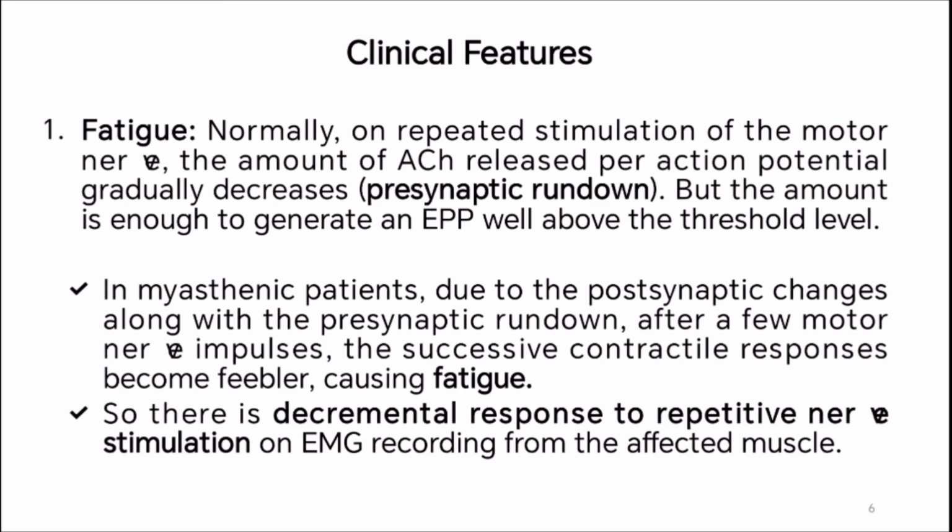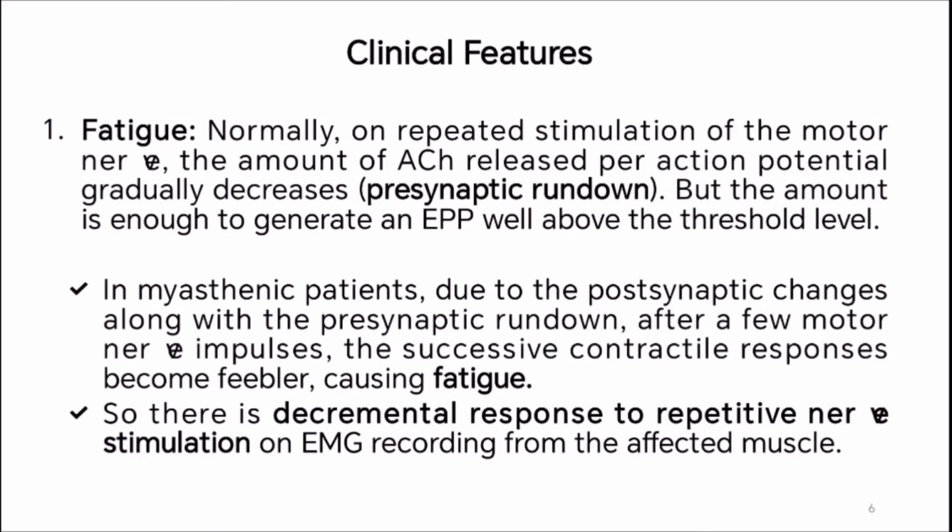Coming to the clinical features, an important part. As I told you in the first slide, it is characterized by weakness and fatigability. So fatigue is an important clinical feature. Normally, on repeated stimulation of the motor nerve, the amount of acetylcholine released per action potential gradually decreases. There is a presynaptic rundown, but the amount is enough to generate an end plate potential well above the threshold level.